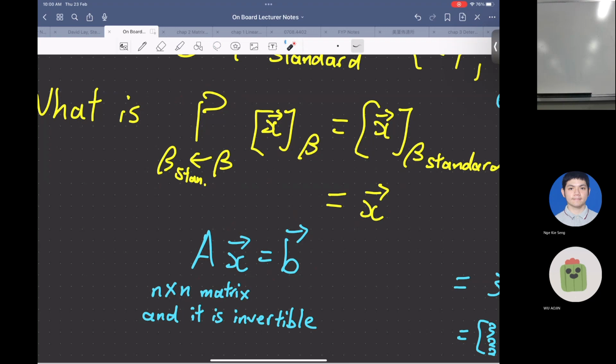So every time you want to find a solution, actually the solution is just a different way to express the B in a different basis. A bit weird, but yeah.